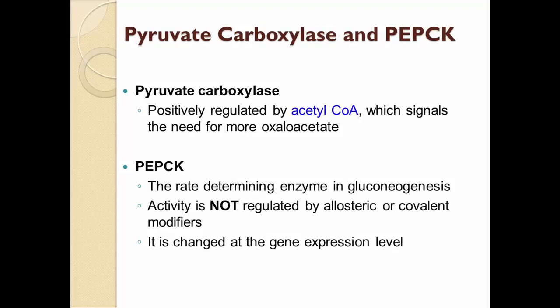And PEPCK is an enzyme that is regulated only by gene expression; it does not involve phosphorylation or dephosphorylation, or an allosteric mechanism, right? So the only way to control PEPCK activity is to control its transcription, so control the levels of PEPCK gene expression.